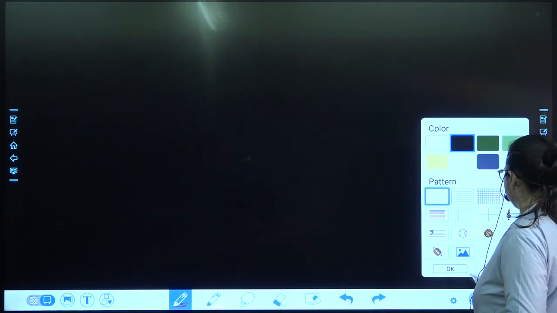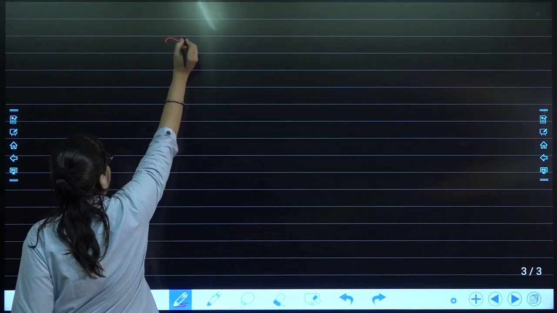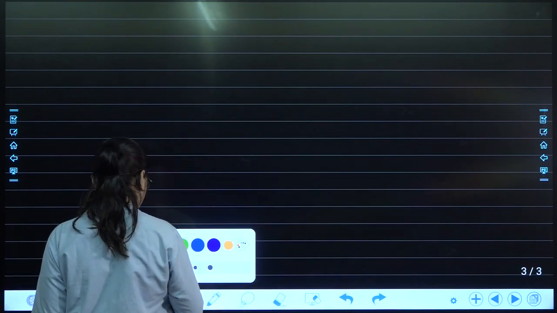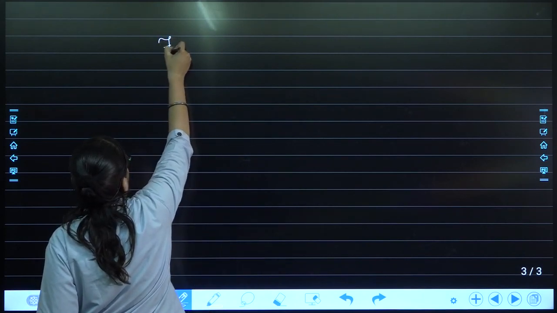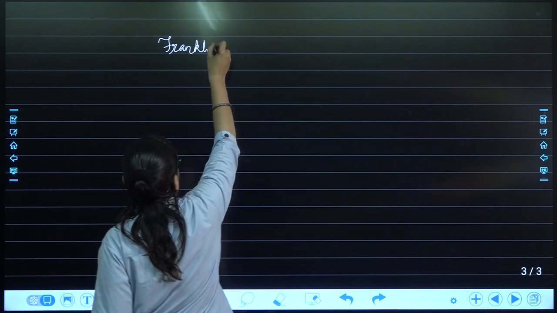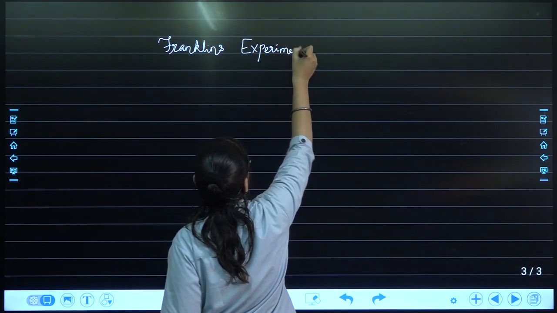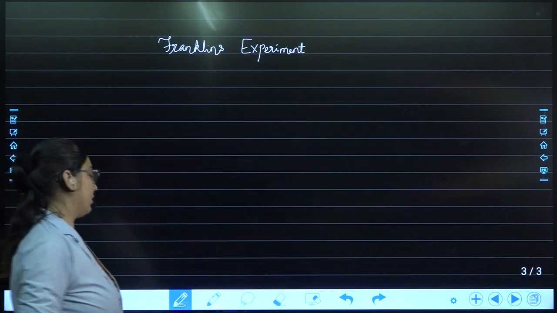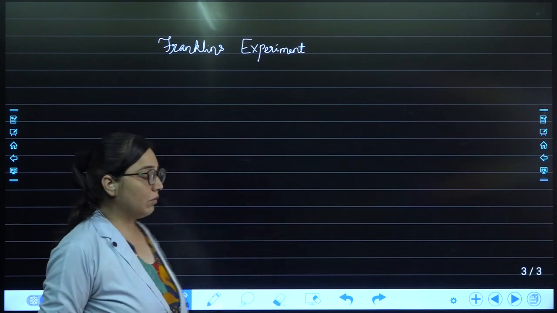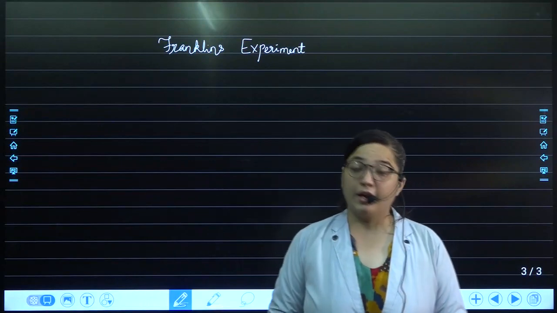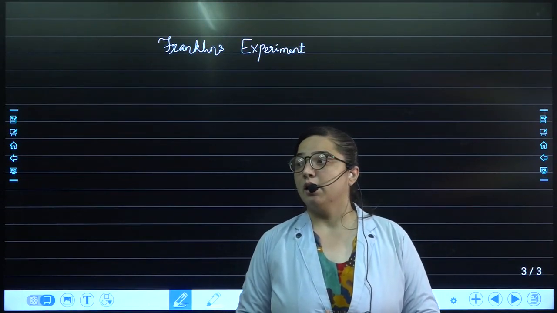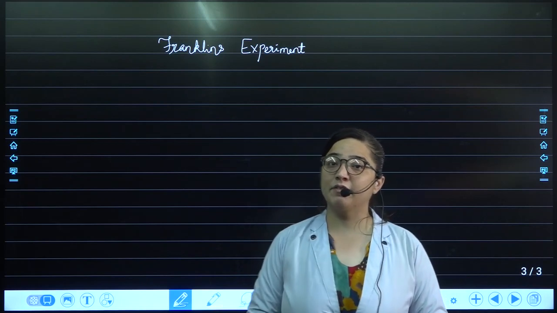So our today's first topic is Franklin's experiment. Now, what did Franklin do? It was a thundery night, and at that time there was even rainfall.